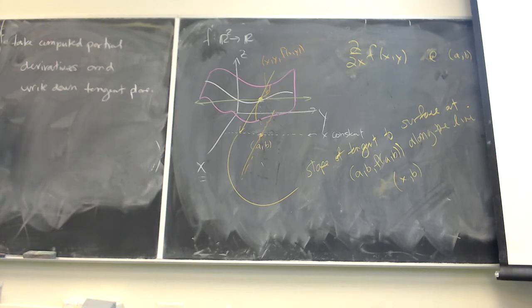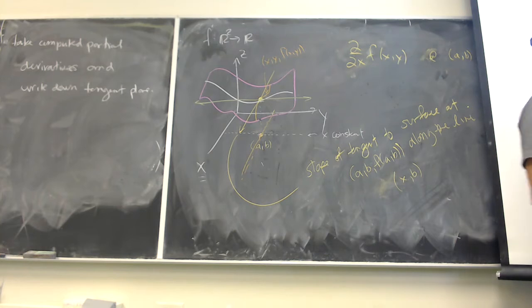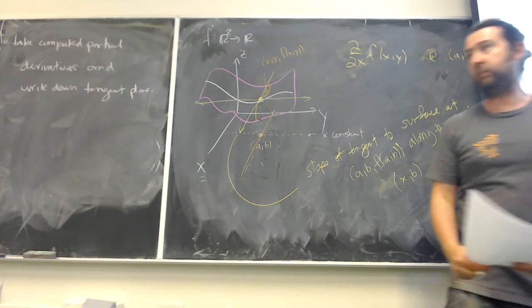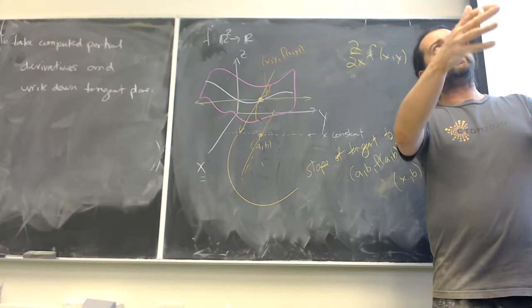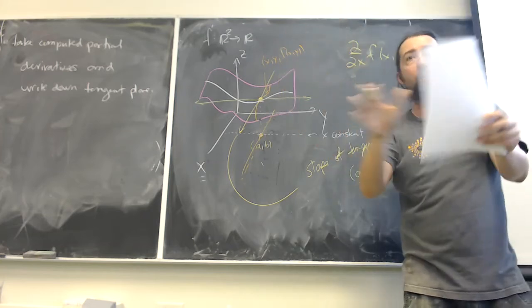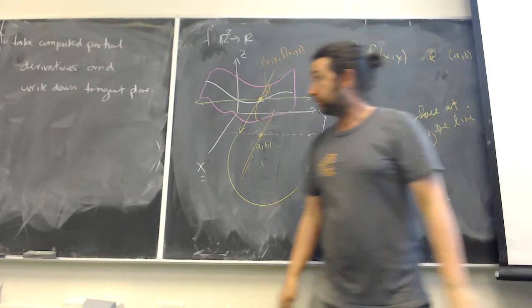I need to be able to take the computed partial derivatives, and this wouldn't be useful if I had to work by hand every single time I wanted to write one of these things down, right? In one variable, I always know that I have the function f of a plus f prime of a times x minus a. I want something like that, where I just have the numbers and I can write down the plane.